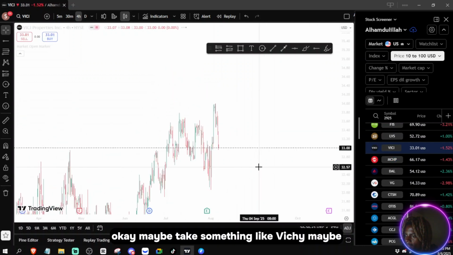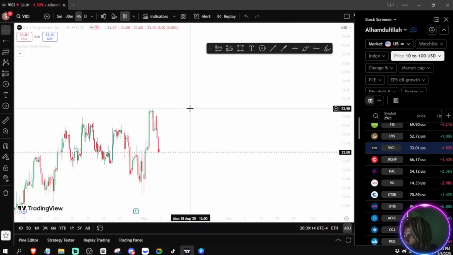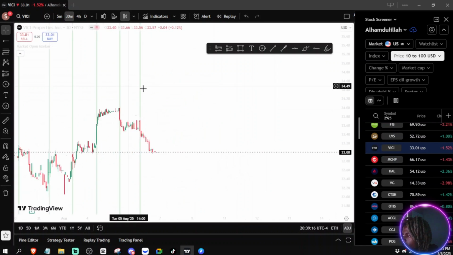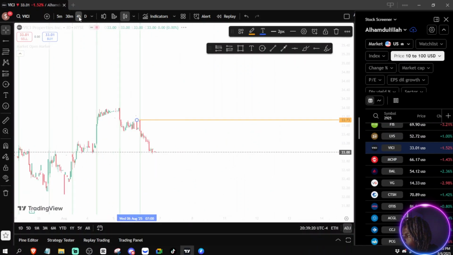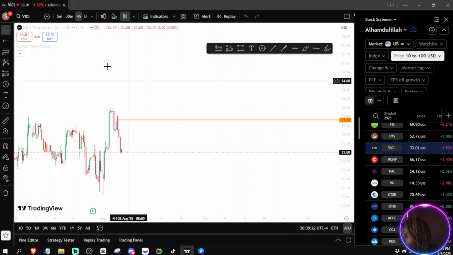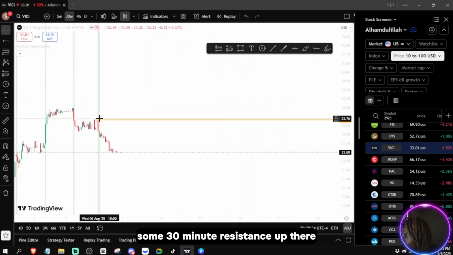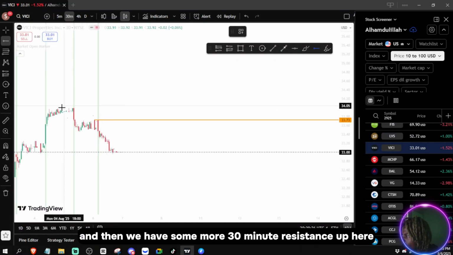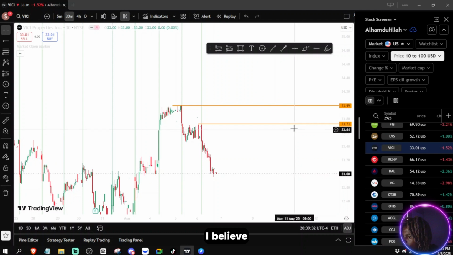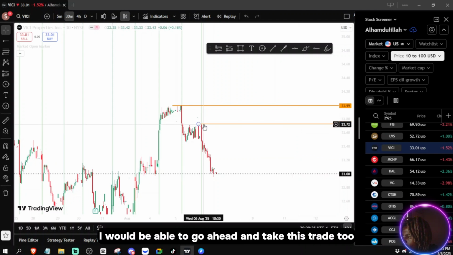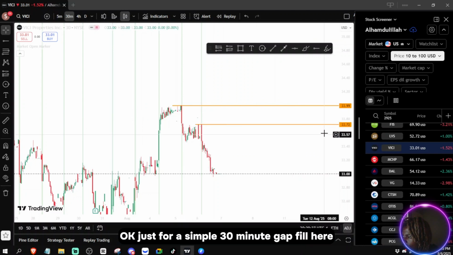Okay, maybe take something like Beachy, maybe. We have some 30-minute resistance up here. I'll go on my 4-hour. Some 30-minute resistance up there, and then we have some more 30-minute resistance up here. So if I see price break this area here, I believe I would be able to take this trade too, just for a simple 30-minute gap fill here.